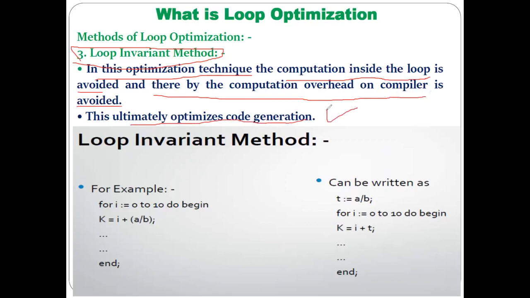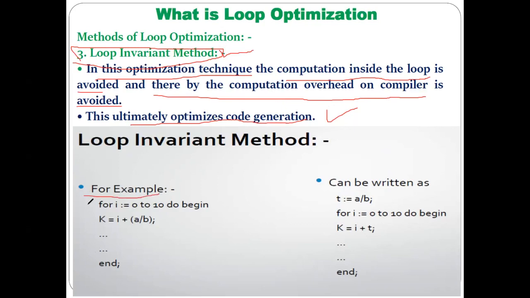So what is happening in this technique? If some particular processing which is happening inside the loop can be done outside the loop, then such a technique is referred to as a loop invariant code. Okay, let's see an example.